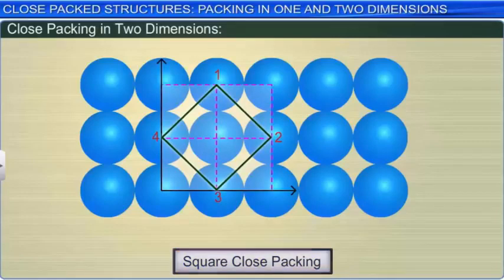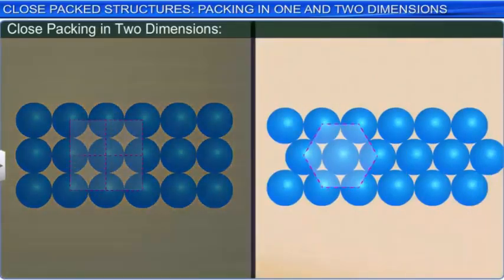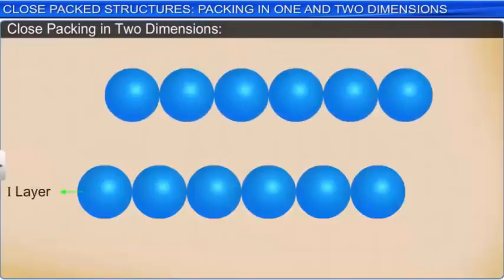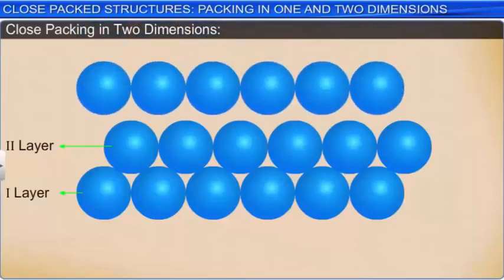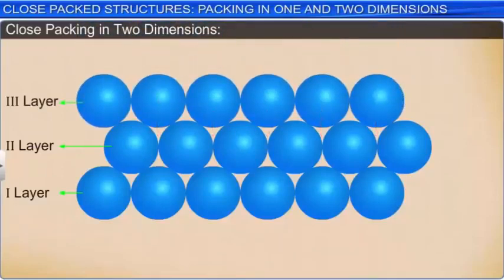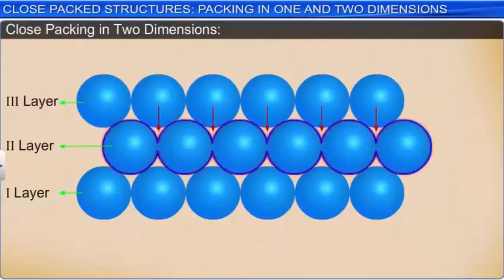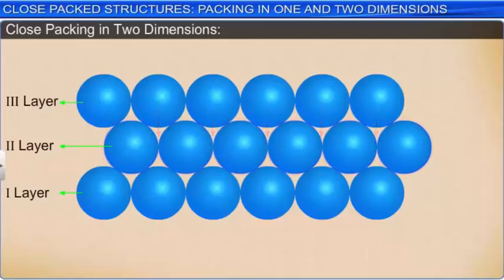The other way is for the spheres of the second row to be seated on the first row in a staggered manner. That is, in the depressions of the first layer. The spheres of the third layer are placed in the depressions of the second layer, and so on. Evidently, the spheres in the third row are vertically aligned with the spheres in the first row.